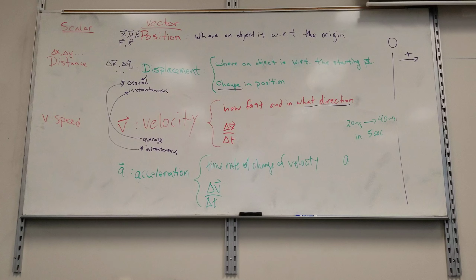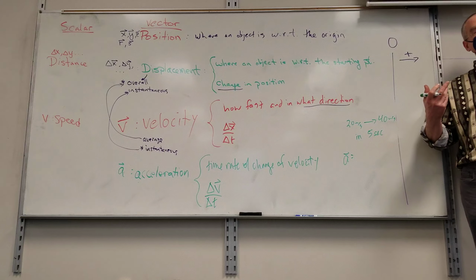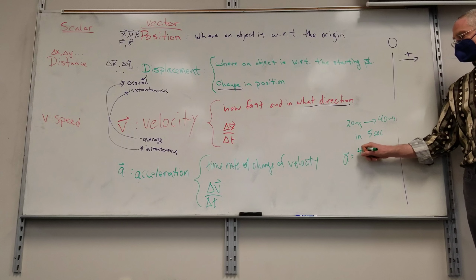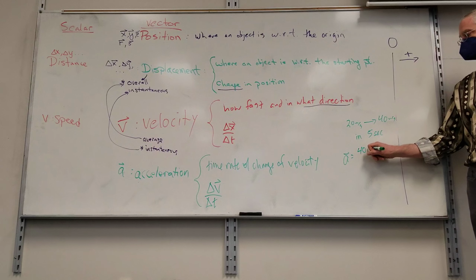So acceleration is change in velocity. Change, one of the few always in physics, is always final minus initial. I take my final value minus my initial value, divide by the amount of time. Let's throw some units in there, meters per second, meters per second. So I get 20 meters per second in the numerator, divided by 5 seconds. The math piece of it right there, that's the part you pop into the calculator or do in your head.